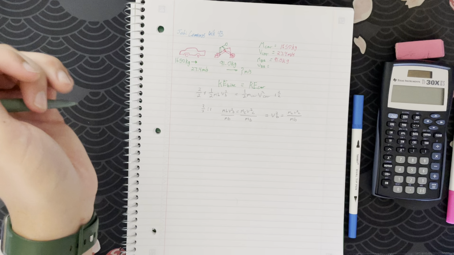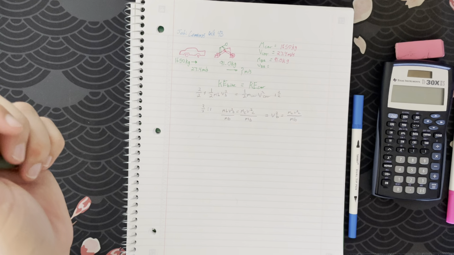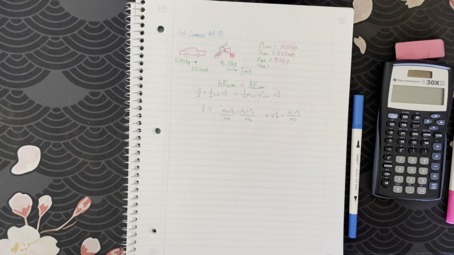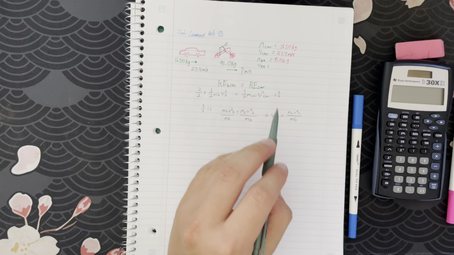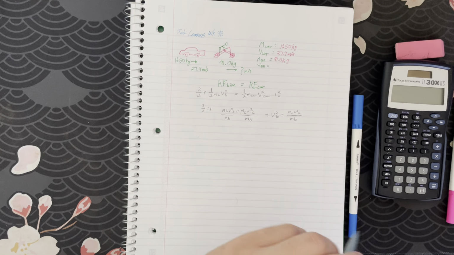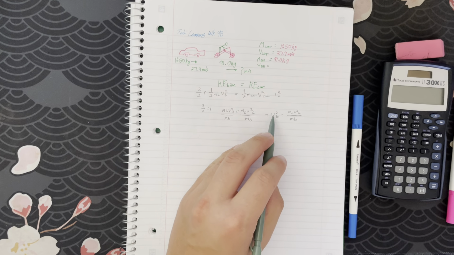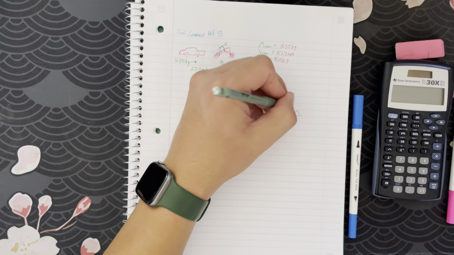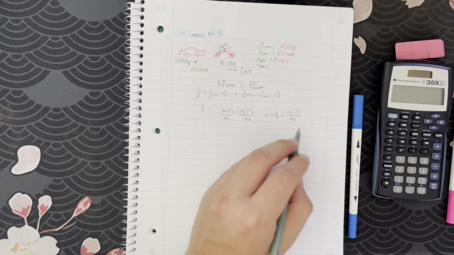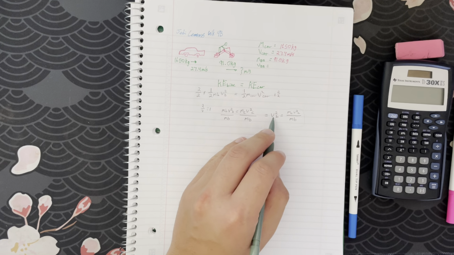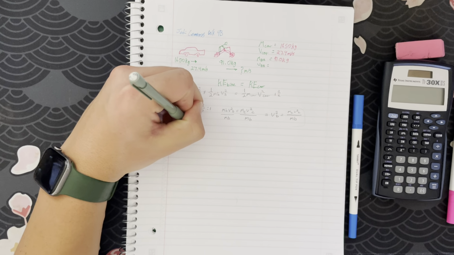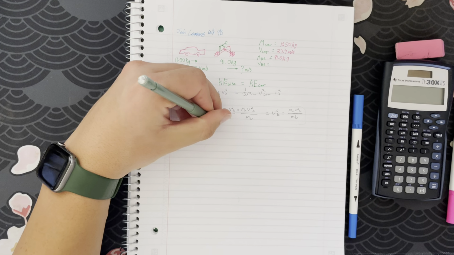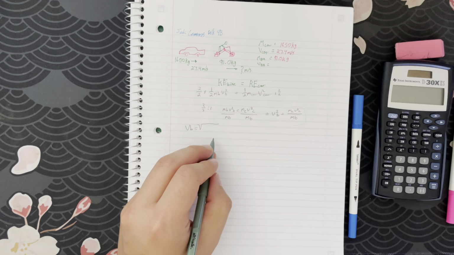Once we do this, since our velocity is squared and we are trying to find the single velocity, we are going to throw all of this under a square root. So v of our bike equals the square root, because this is all squared.